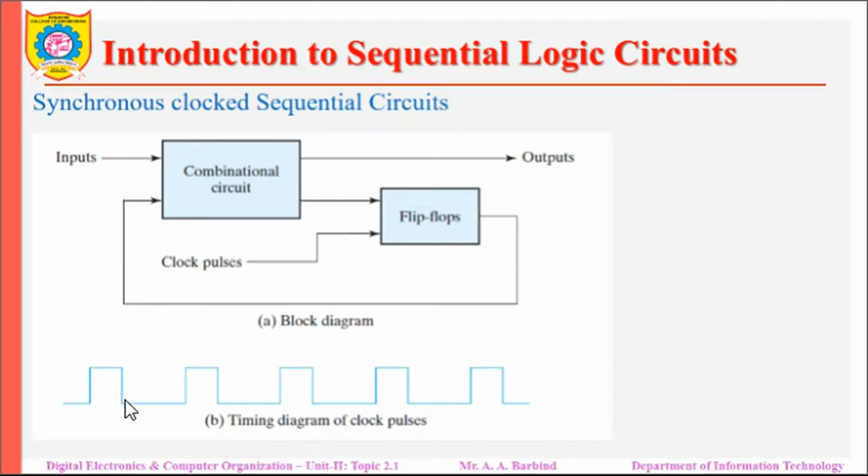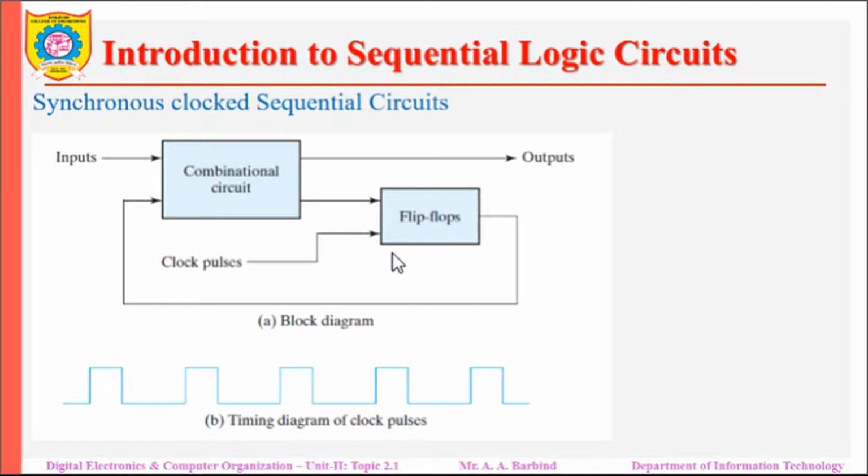The flip-flops either change their state at the positive edge of the clock, when the clock is going high from low, or at the negative edge of the clock. So the flip-flops are said to be either positive edge triggered or negative edge triggered.